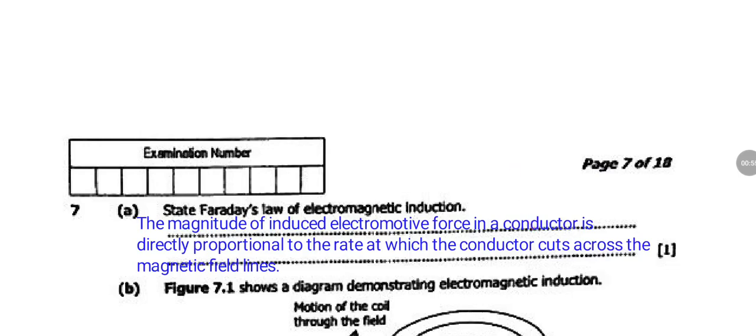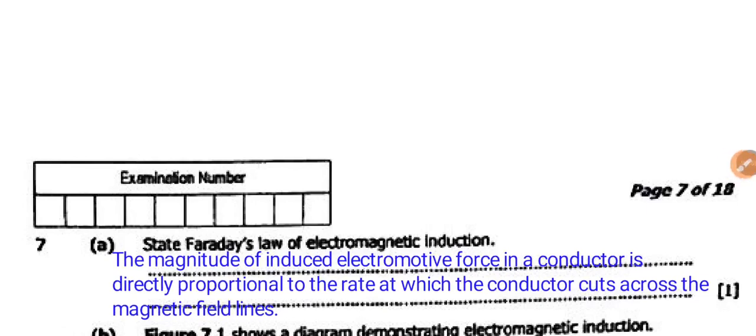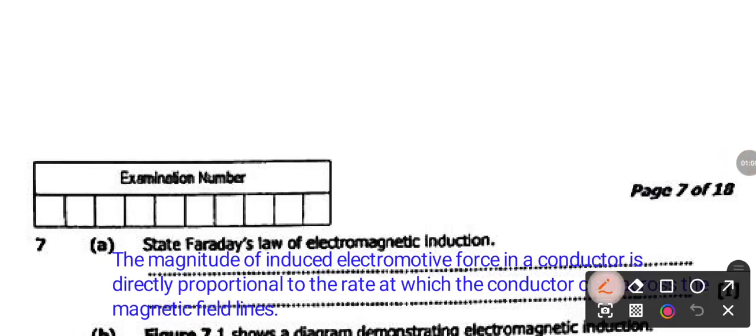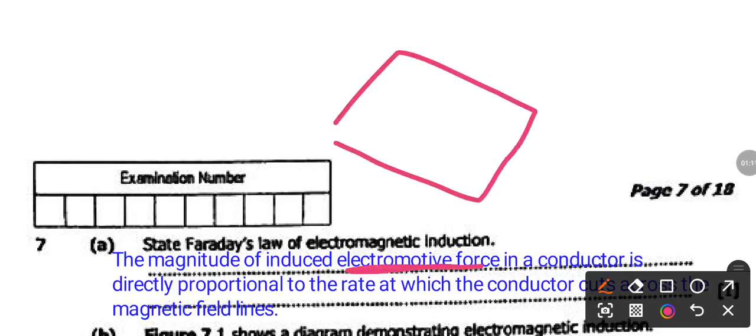And here it is very, very important that we avoid writing the words induced current, because induced current can only take place when we have a closed loop. The first thing that takes place in electromagnetic induction is that when a conductor cuts across the magnetic field lines, what we produce through the conductor is an EMF.